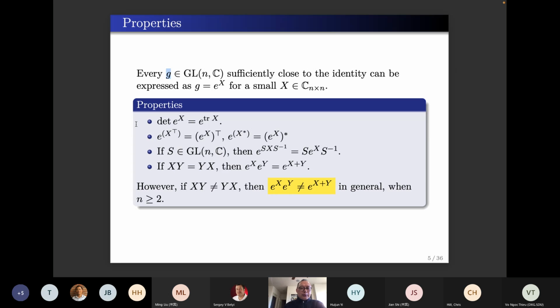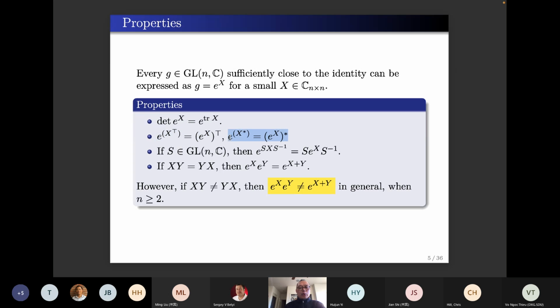All right, these are nice properties of the matrix exponential. The determinant of e^X is e^(trace X). And if you take the transpose of X and then take the exponential, it's exactly the same as taking the exponential first and then the transpose. That's the second one.